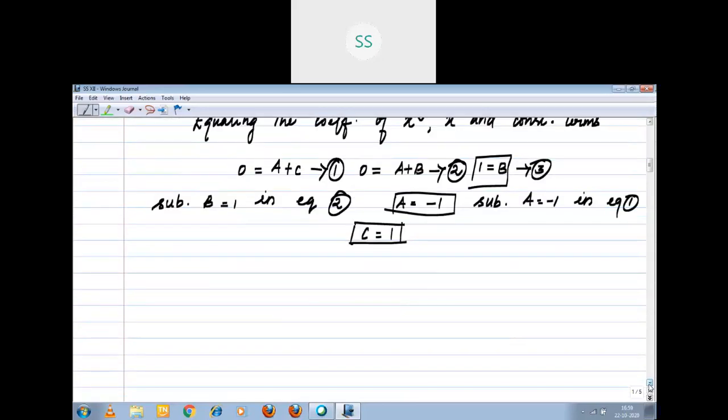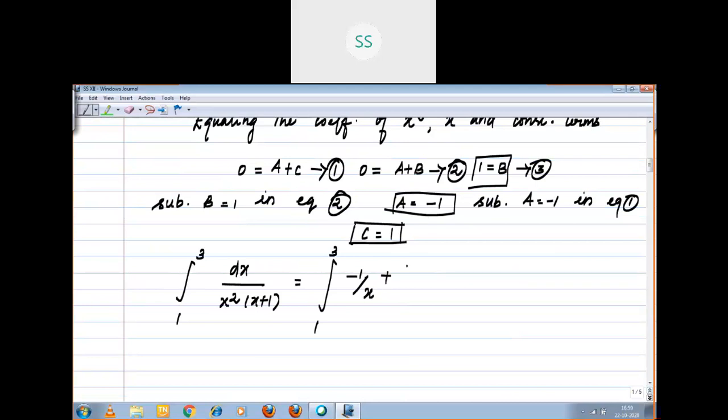Now, integral 1 to 3 of dx divided by x square into x plus 1 equals integral 1 to 3 of minus 1 by x plus 1 by x square plus 1 by x plus 1, into dx. We are going to integrate.